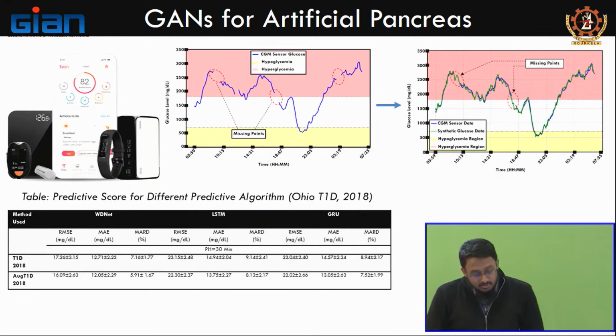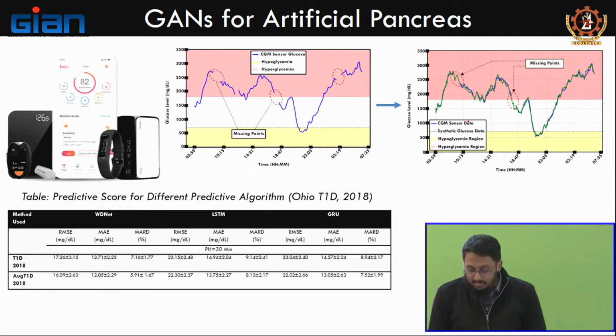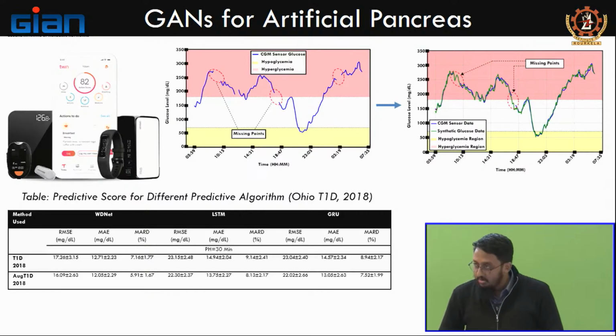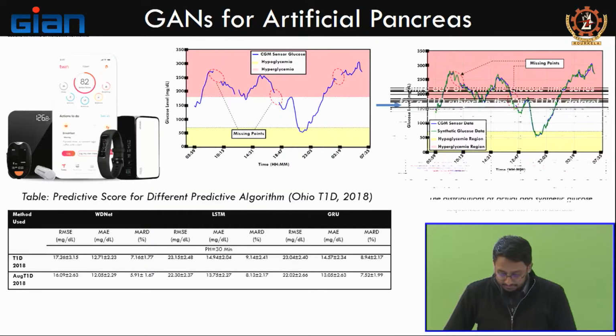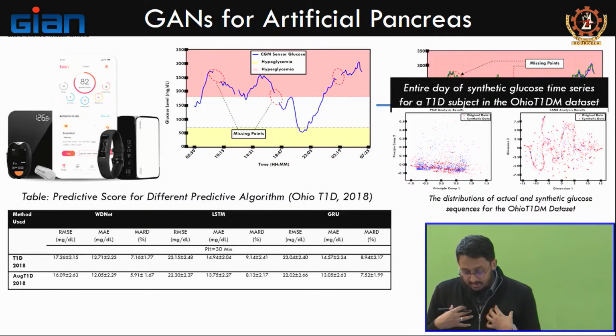And then instead of using the time series data with missing data points, you can use this combination of synthetic and real points to train your AI model or forecasting model, and to improve the forecasting accuracy.